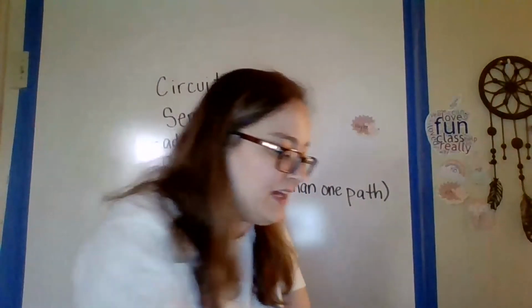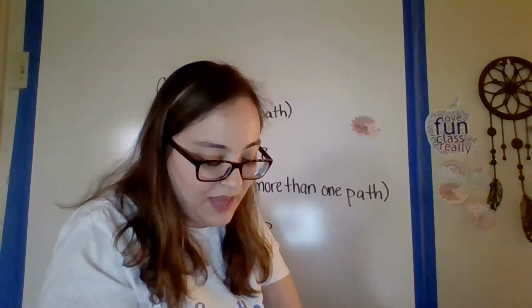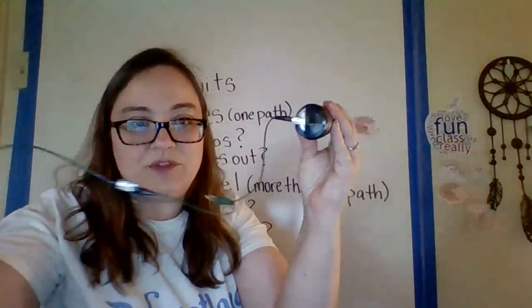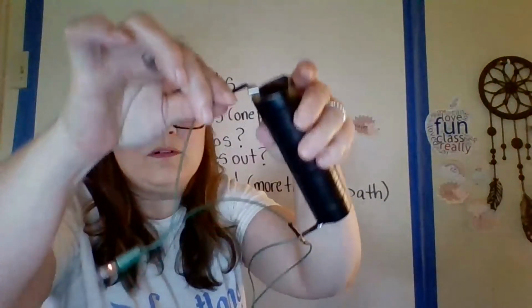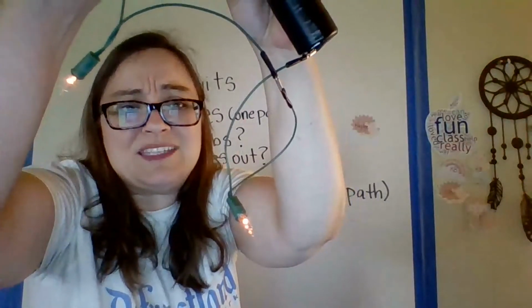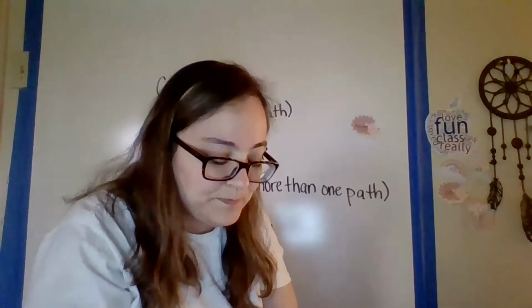What if I add another light bulb? Still, it's one pathway. I'm just adding another light bulb to the path. Now, it still lights, but look, they're so dim. Poor, dim little light bulbs.